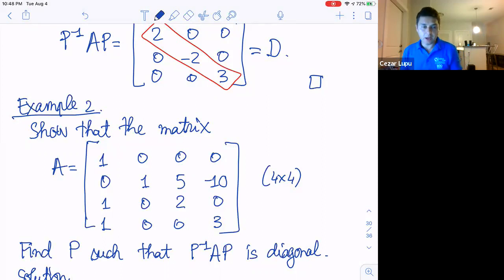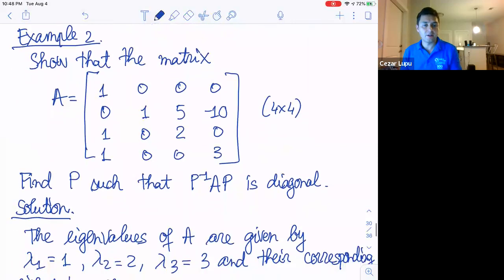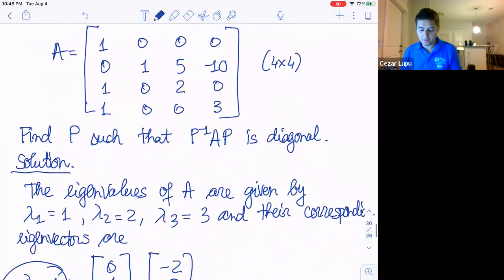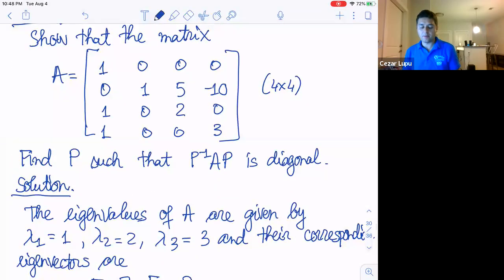Okay, again, the same thing. We need to find the eigenvalues and their corresponding eigenvectors. Well, the eigenvalues are lambda 1 equals 1, lambda 2 equals 2, lambda 3 equals 3.